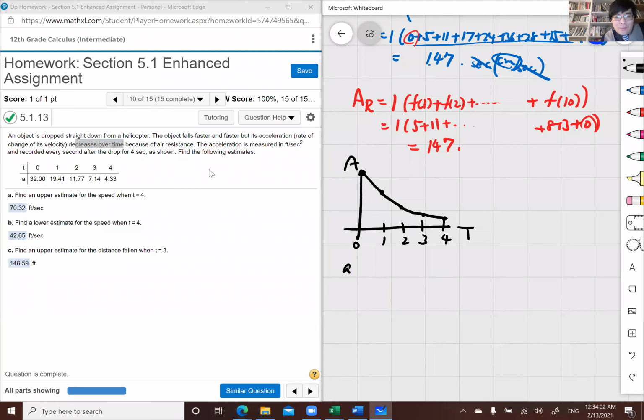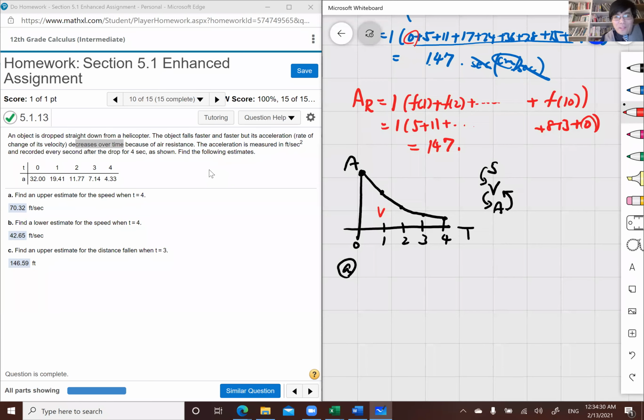Now let's look at problem 1. Find the upper estimate for the speed when time is equal to 4. Remember that when you differentiate position, you get velocity, and when you differentiate velocity, you get acceleration. So when you integrate acceleration, you get the velocity, and that means the area under the acceleration curve gives the velocity.